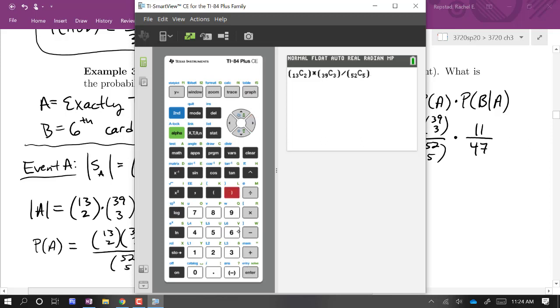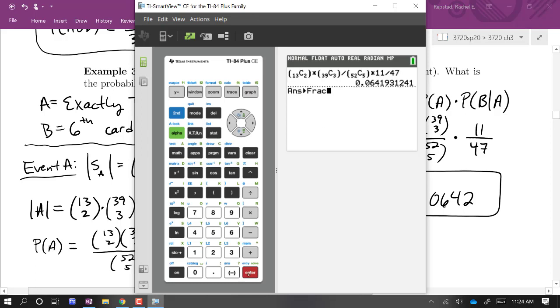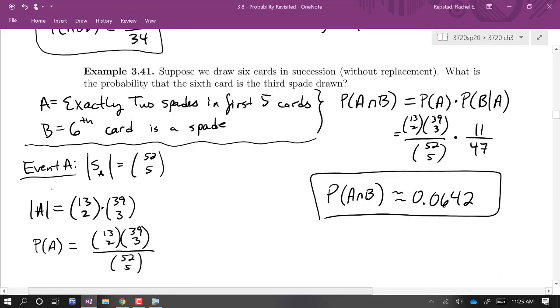And then we're going to multiply that by 11 over 47. And we get 0.0642 approximately. The calculator, I know it is absolutely rational because each of these combinations gives you some integer, but it must be so far before it starts repeating itself that the calculator is having a hard time deciding what fraction it's equal to. So I'll just leave it in that approximation.